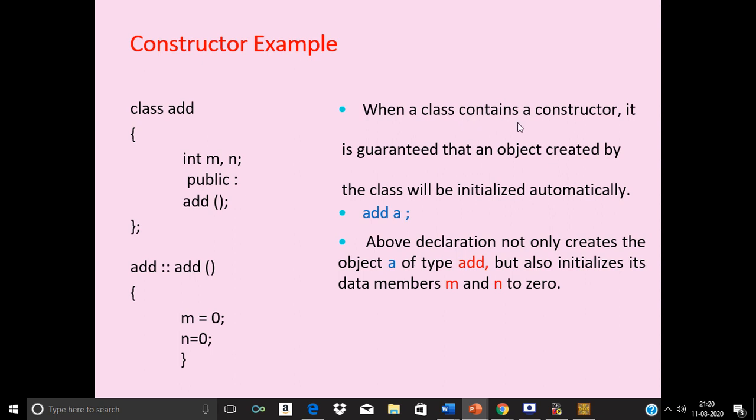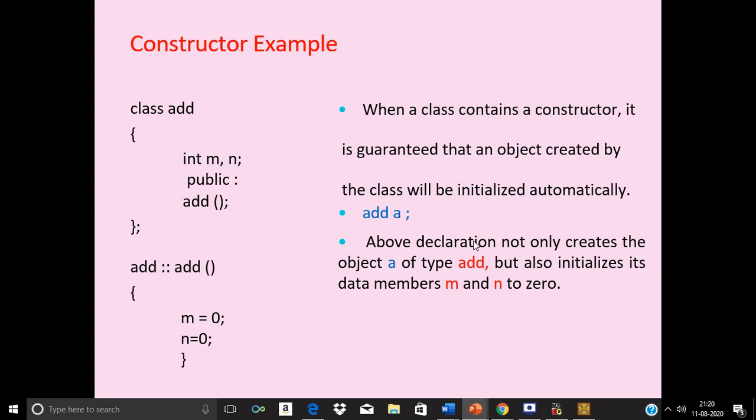So when a class contains a constructor, it is guaranteed that an object created by the class will be initialized automatically. So the data members will be initialized automatically, and the constructor is called when we create an object for that. The example here is add a. This is the object which is created for the class add.